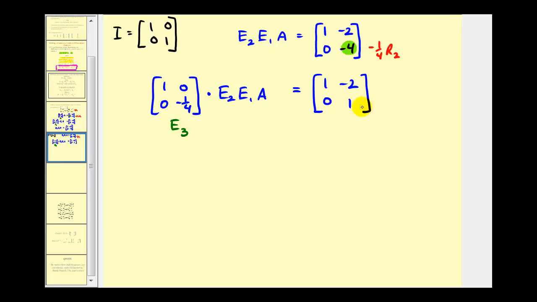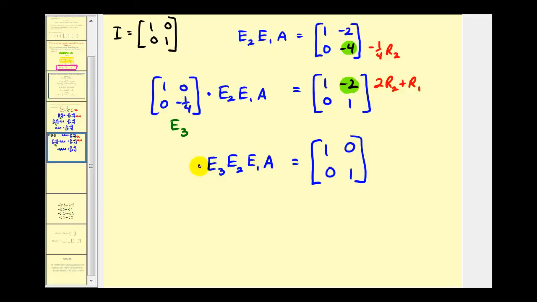Looks like we have one more row operation to perform. If we want a 0 in this position here, we can replace row 1 with 2 times row 2 plus row 1. So we have 2 times 0 plus 1, that's 1. Here we have 2 times 1 is 2 plus negative 2, that's 0. On the left side, we already have this product.